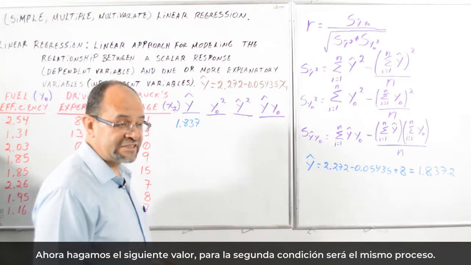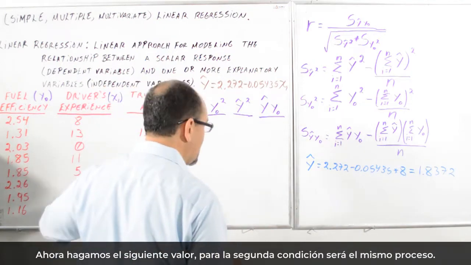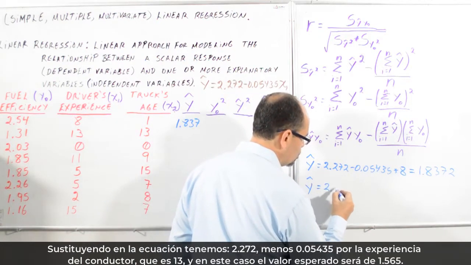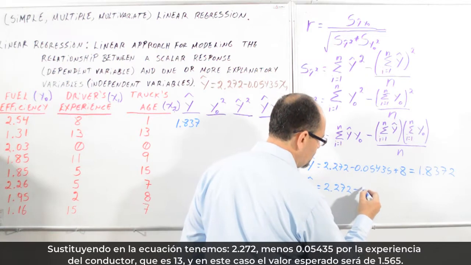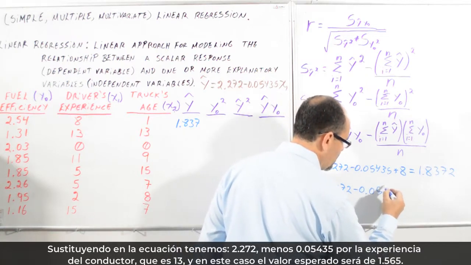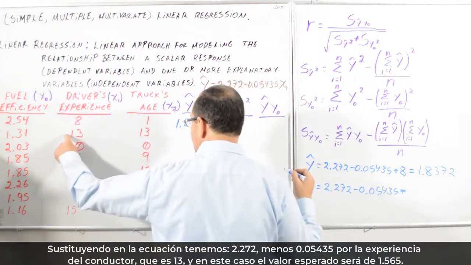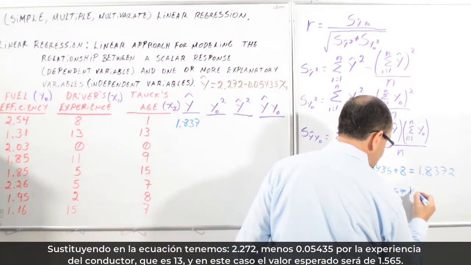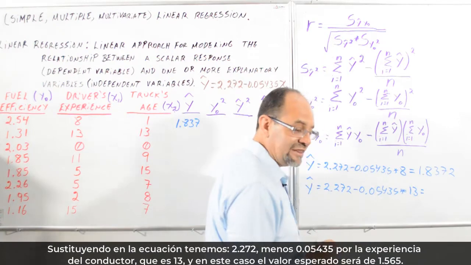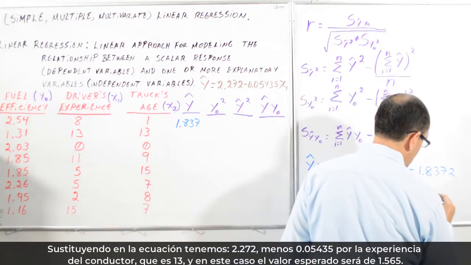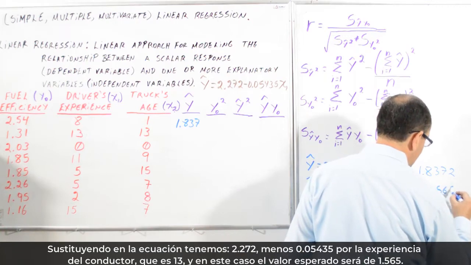Let's do the second value. It will be the same process. We have the equation 2.272 minus 0.05435 times driver's experience, which is 13. In this case, the expected value will be 1.565.